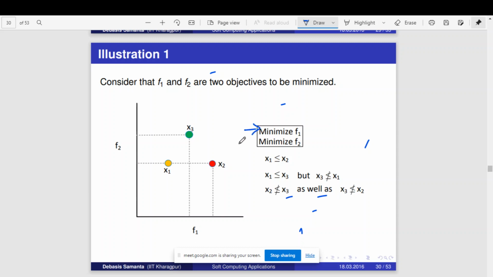Minimize f1 and also minimize f2. So we are saying x1 is dominating x2. So you cannot say x2 is dominating x1. Right? So the first condition will fail. The first condition says x2 should be no worse than x1. But actually x2 is worse than x1 with respect to f1. You getting it?